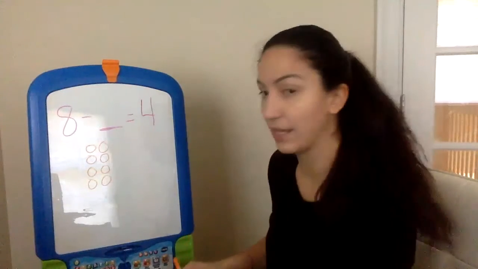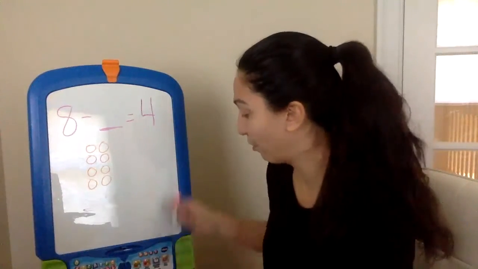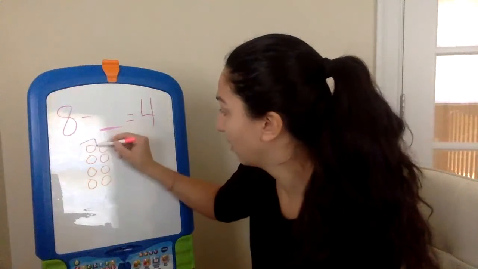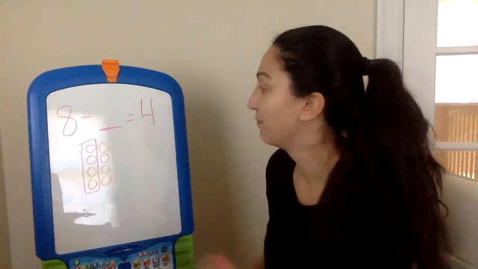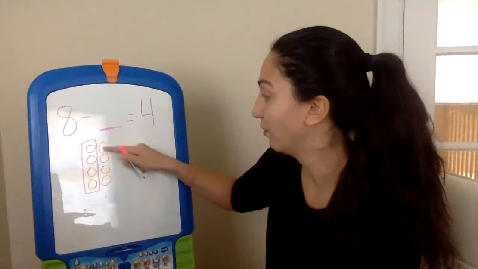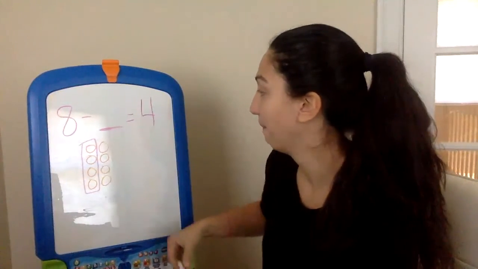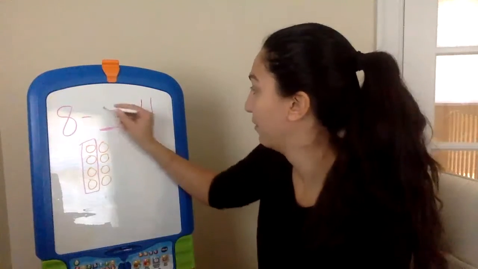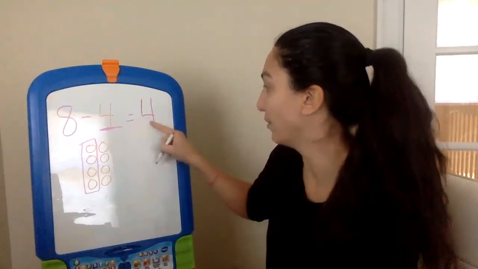Okay, that's my picture of 8 pennies. And I only have 4 left, so I'm going to circle the 4 that I have left. And this is my unknown. 1, 2, 3, 4. So 8 minus 4 equals 4.